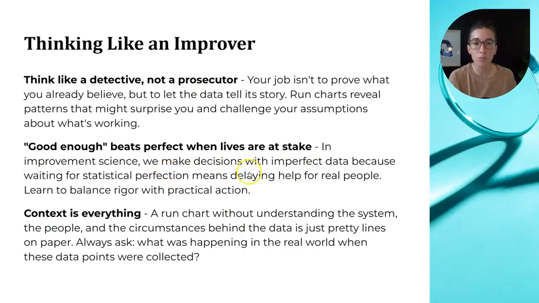In improvement science, we make decisions with imperfect data because waiting for statistical perfection means delaying help for real people. It means delaying some of these improvements to systems that might influence someone's life, someone's learning, someone's experience, job retention, right? Learn to balance rigor with practical action.